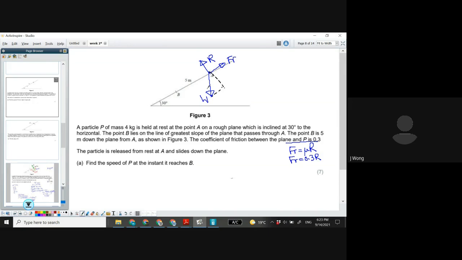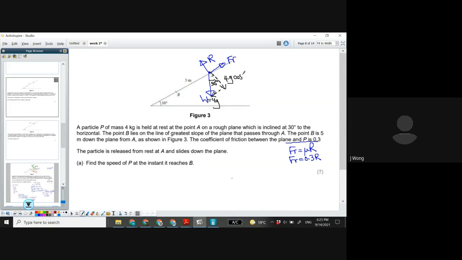I know that some other teachers do it differently, but as long as you're able to get the components correctly, that's fine. So when this angle is 30 degrees, the perpendicular component could be 4g cos 30, because the weight is 4g. I forgot to mention that.